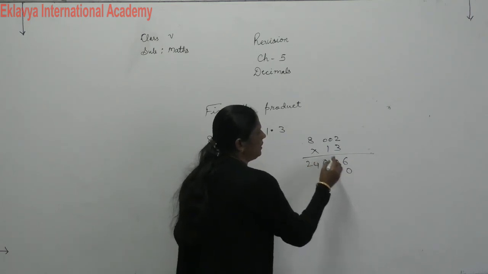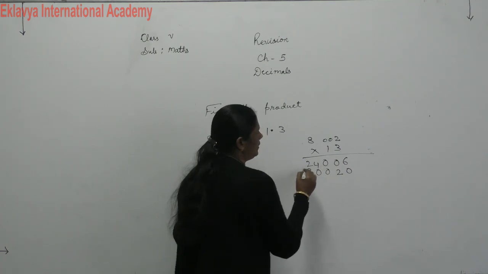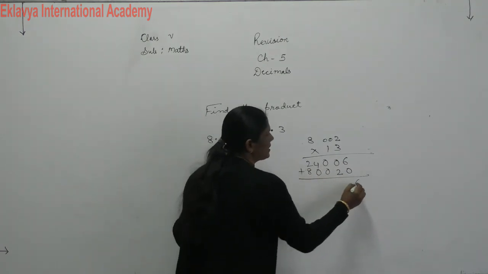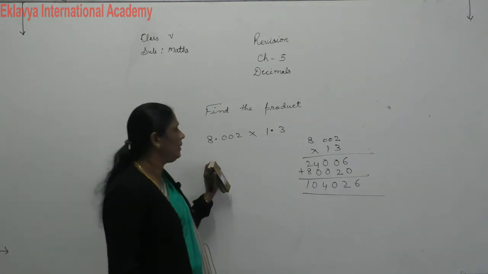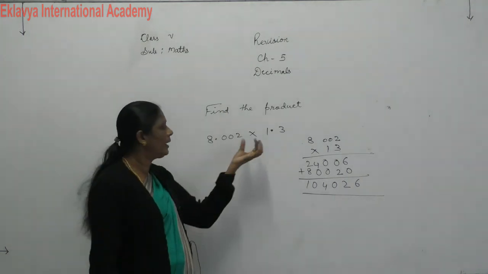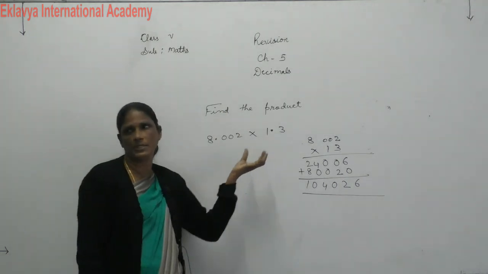Then 0 here, 1 two is 2, 0 0 8. Then add these numbers: 6, 2, 0, 4, 10.